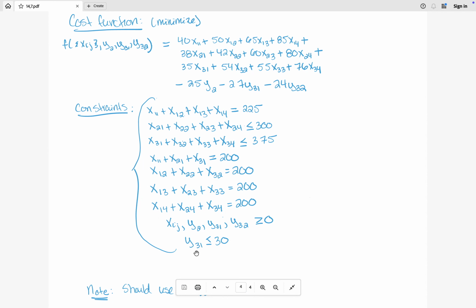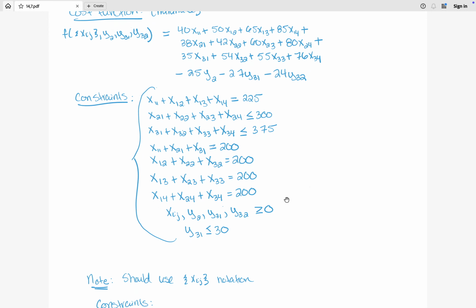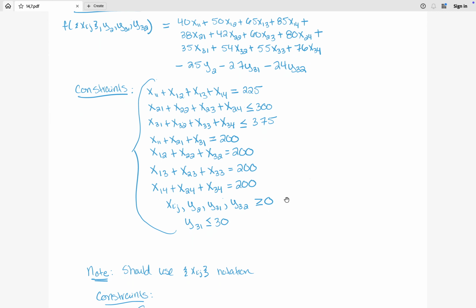But then we have to add in the extra constraint that what is shipped, the first 30 right here, Y sub 3(1), has to be less than or equal to 30. So that accounts for you making the $27 off of the first 30 units of surplus that we have. And then the rest we would only make, this again should be, $23. So that's how that one could be set up.